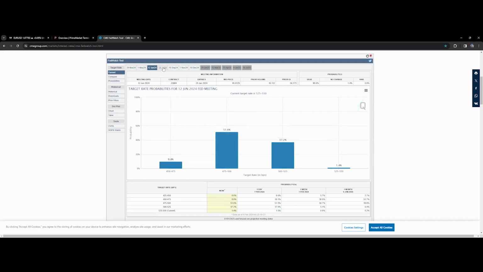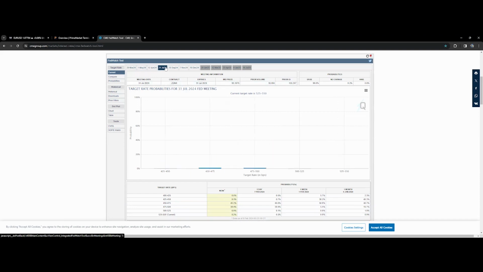And then July, if it loads, is quite indecisive here. 40% is expecting no cuts, 45% is expecting another 25. So that's 75 basis points of cuts in 3 months. So basically, in a quarter, they would cut every month. I'm not sure if they will do this. I'm not sure.